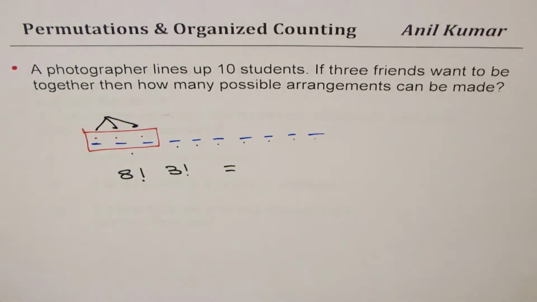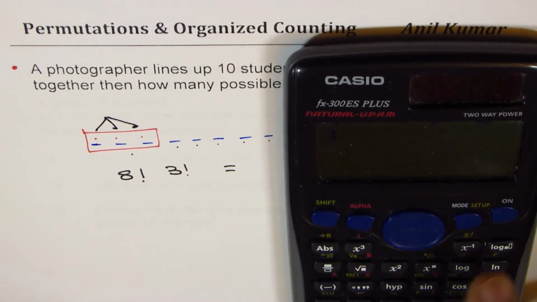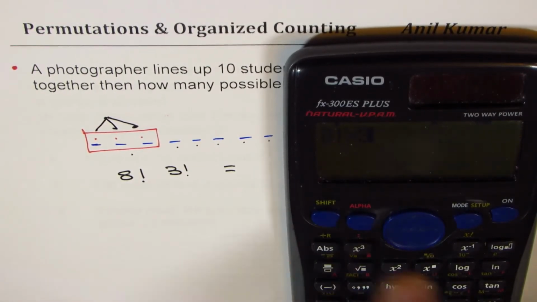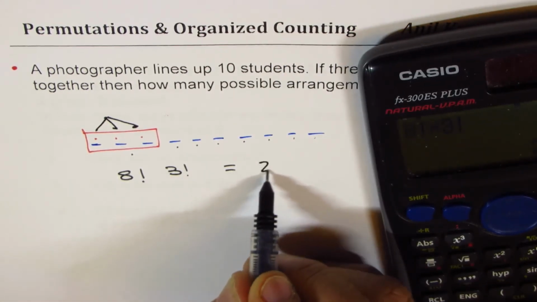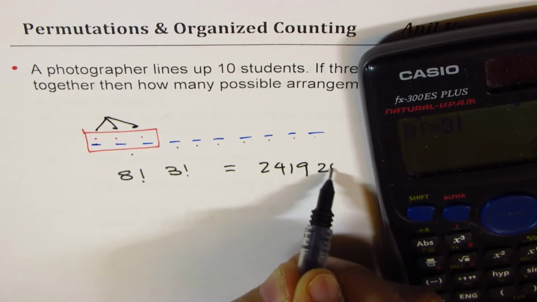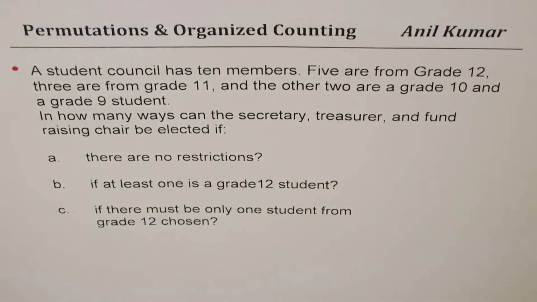So the total will be 8 factorial times 3 factorial, and the answer is 241920, correct? So I'm speeding up now, just saving some time. These are straightforward questions, as you can understand.